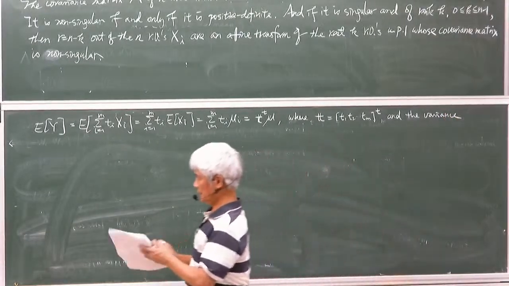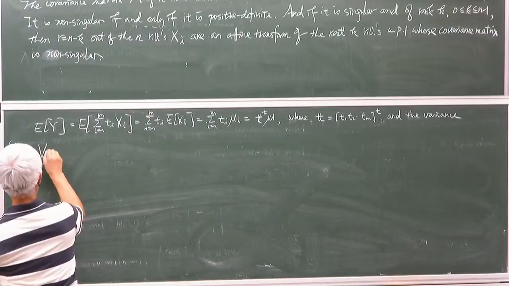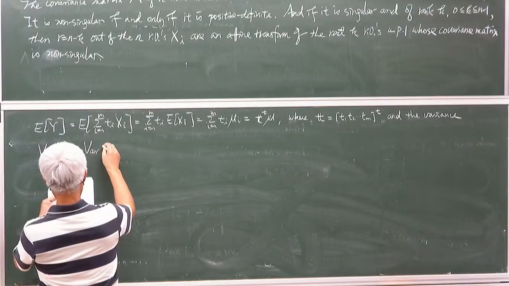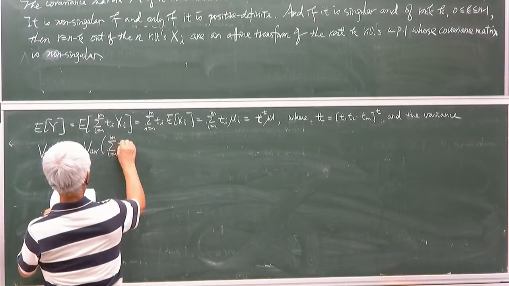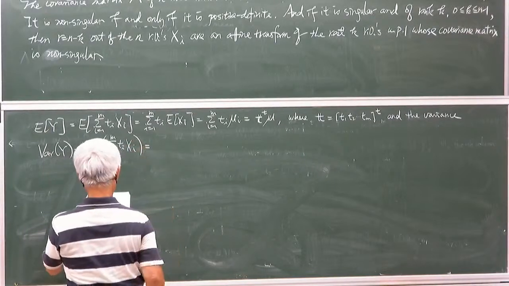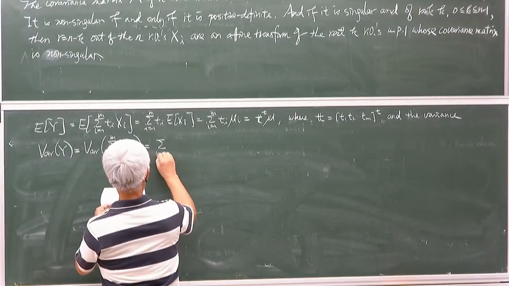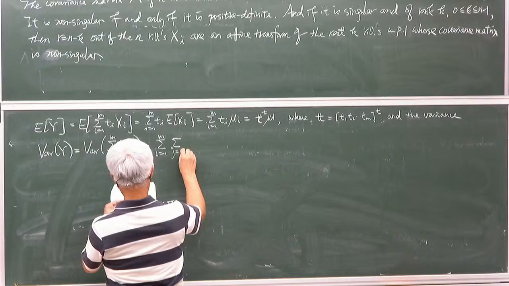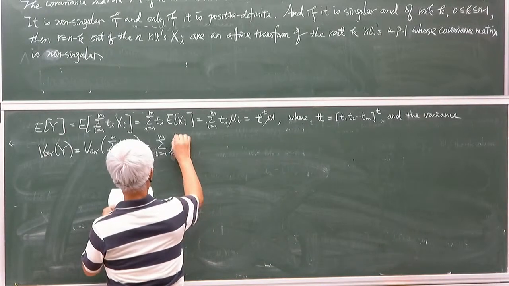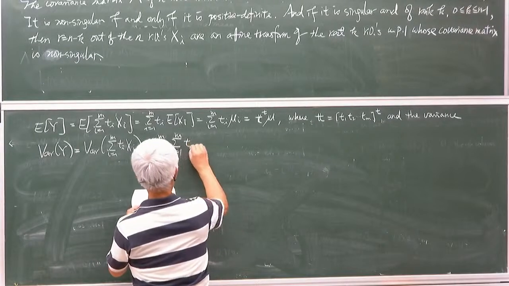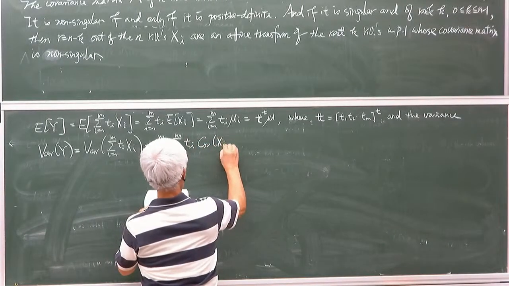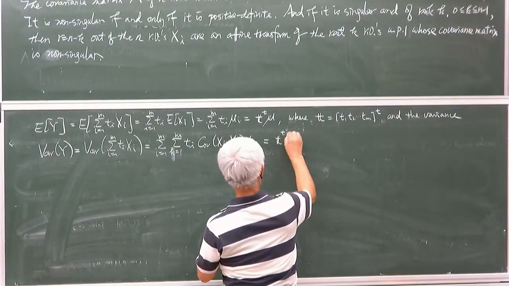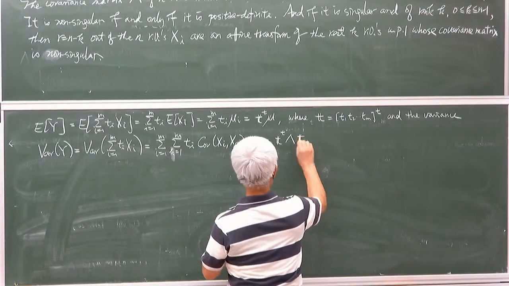Okay. So we find the variance. The variance of Y is the sum of Ti, Tk, and the covariance, and this is T transpose lambda T. So it's this quadratic form.